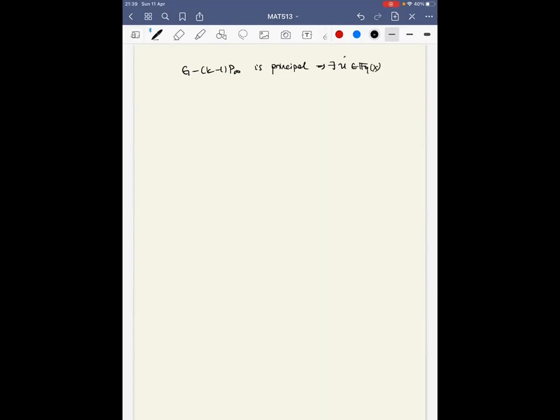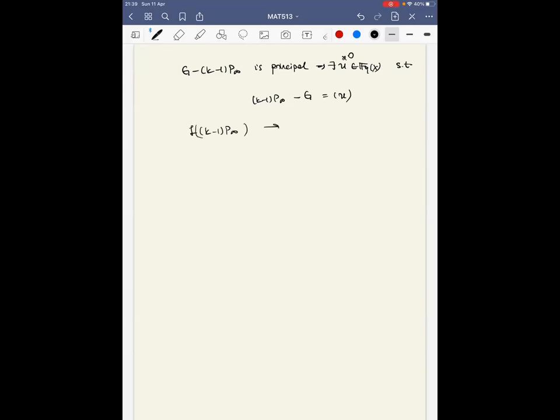That means there exists an auxiliary function u such that (k minus 1) P infinity minus G can be written as the principal divisor of u.